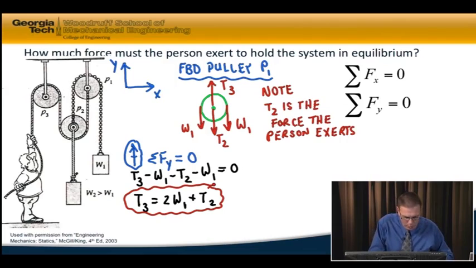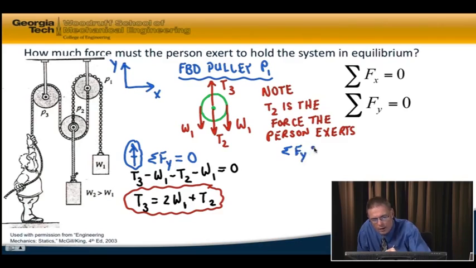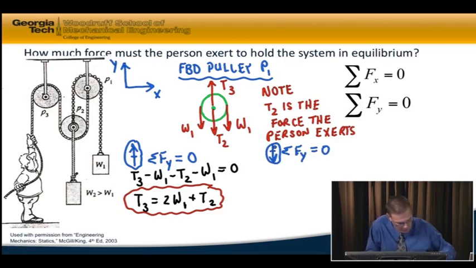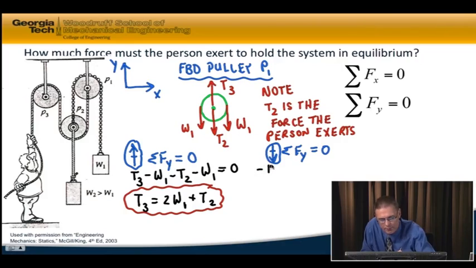Just to show you that it wouldn't have mattered if I had chosen my sign convention as down, let's redo that. The sum of the forces in y equals 0. I'll choose down as being positive. T3 is up, so it would be negative, minus T3. W1 is down, so that's positive in accordance with this sign convention, plus W1. T2 is down, so that's plus T2.